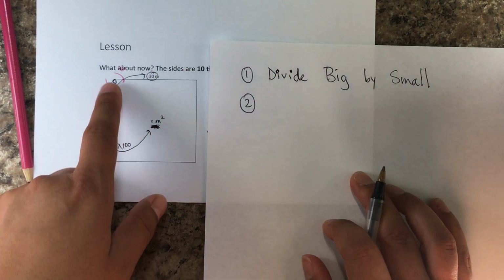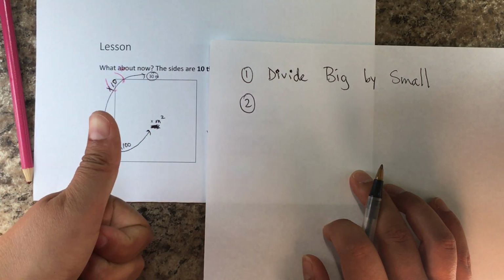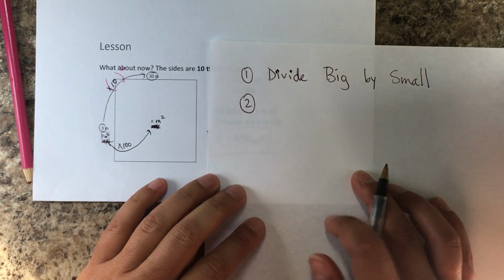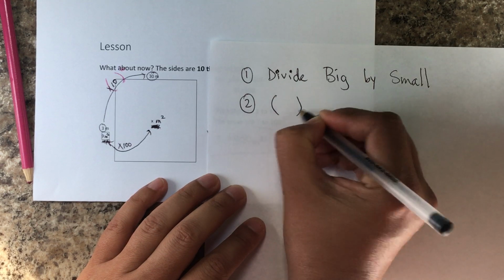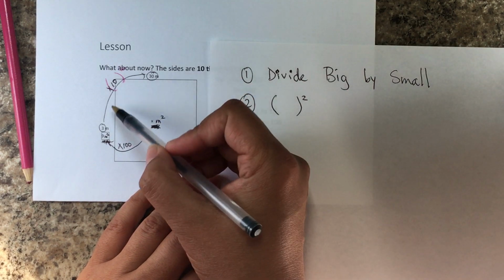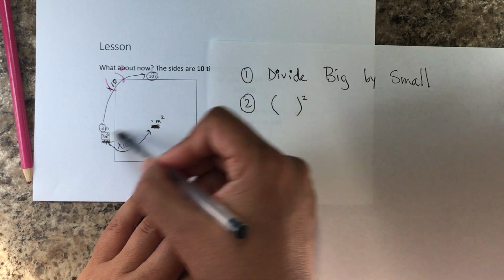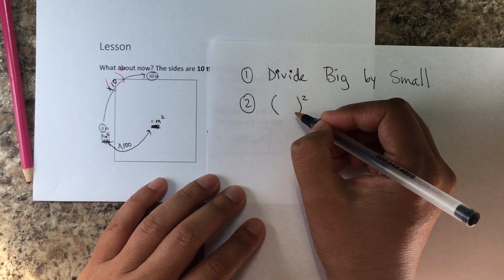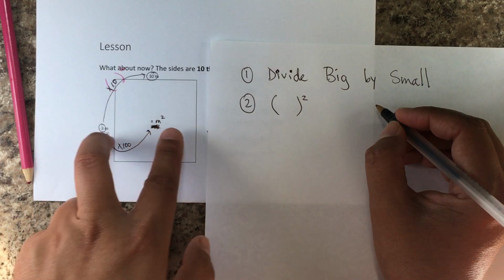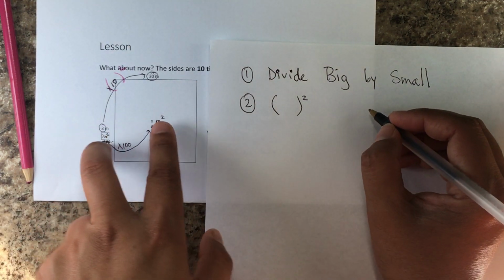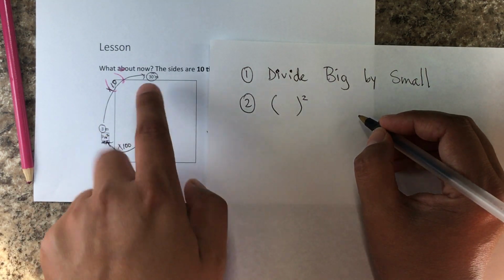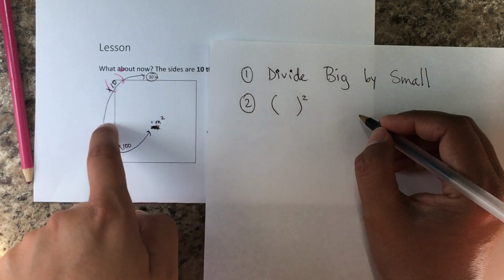The second step is that you're going to either square or take the square root. Okay, you're going to raise to the second power if it goes from length measurements to square measurements. You're going to square it. But we'll see that sometimes you're going to have these two values and you're going to have to find one of the lengths.